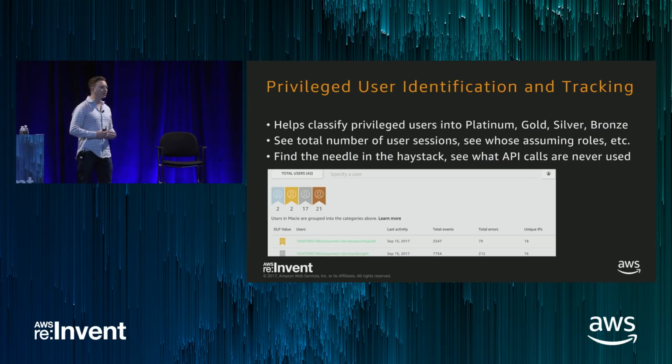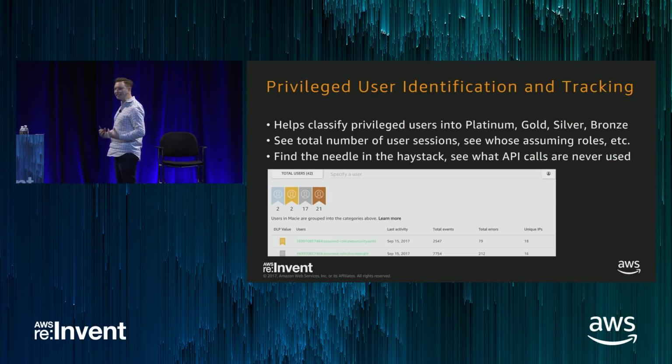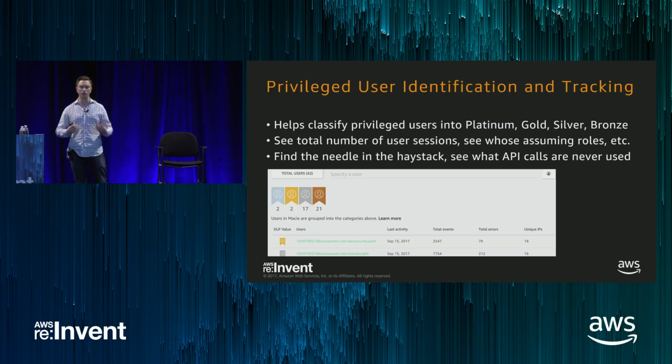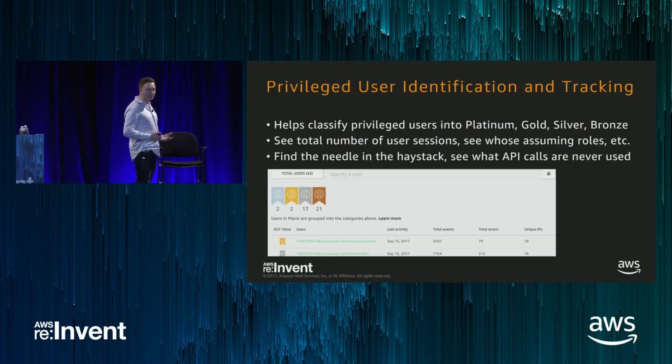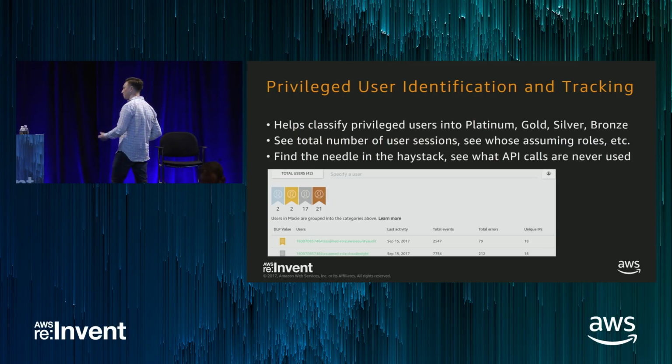So one of the really tough things in identity is managing privileged users, right? It's always been a pain. It's pretty easy to tell who an admin is and who just has read-only, but there's a lot of gray area in between. So Macie will automatically monitor your CloudTrail logs and classify users platinum, gold, silver, and bronze.